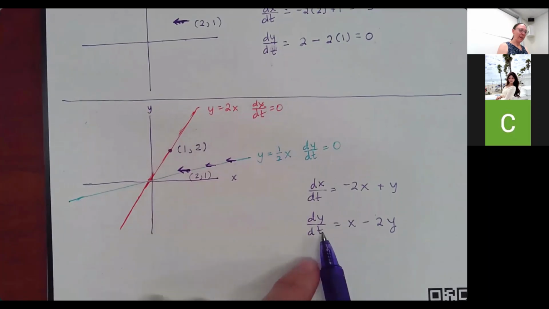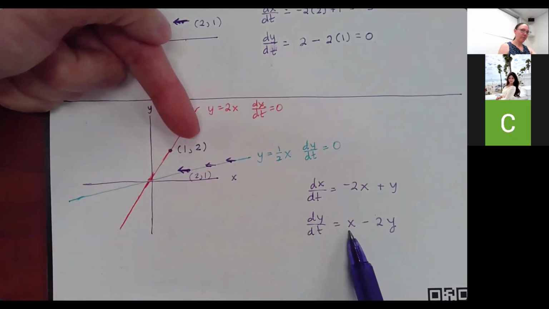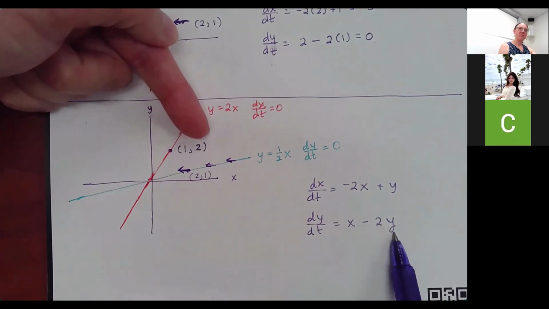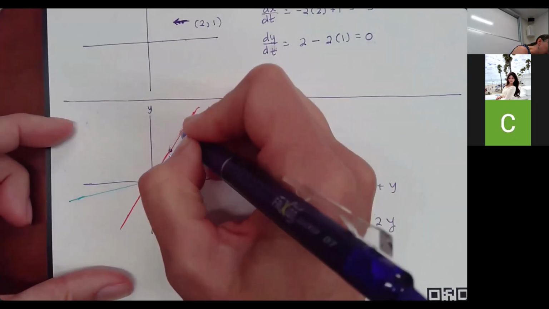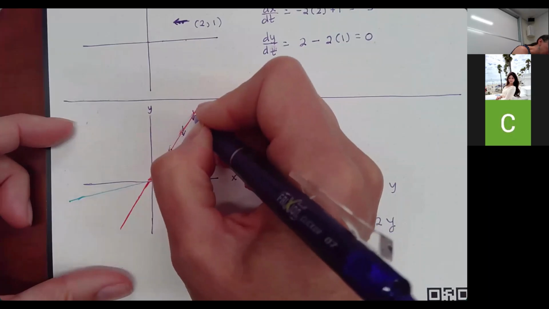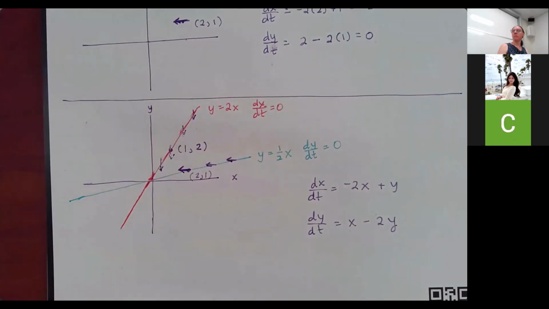My change in the y direction at the point (1, 2) would look like 1 minus 2 times 2, or -3. So I'm going to be pointed straight down. There's a reason that I only drew my arrows in the first quadrant.